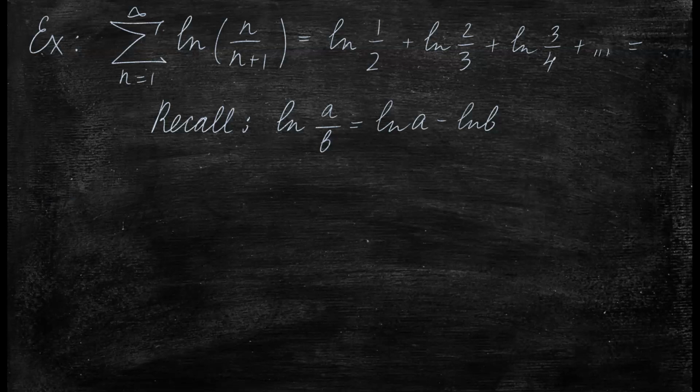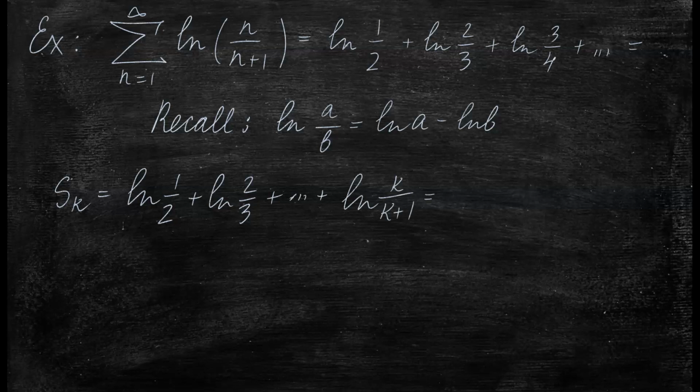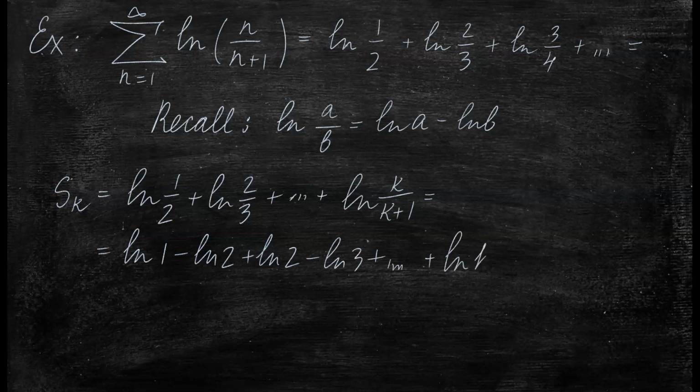Let's consider the kth partial sum. So we're going to have ln of 1/2 plus ln of 2/3 plus, and so on, and we're going to have ln of k over k plus 1. Now, using the property of logs, we can write it as ln of 1 minus ln of 2 plus ln of 2 minus ln of 3, and so on. And at the end, we're going to have ln of k minus ln of k plus 1. So in this case, what we notice is that the ln's of 2's and 3's and k are all gone.